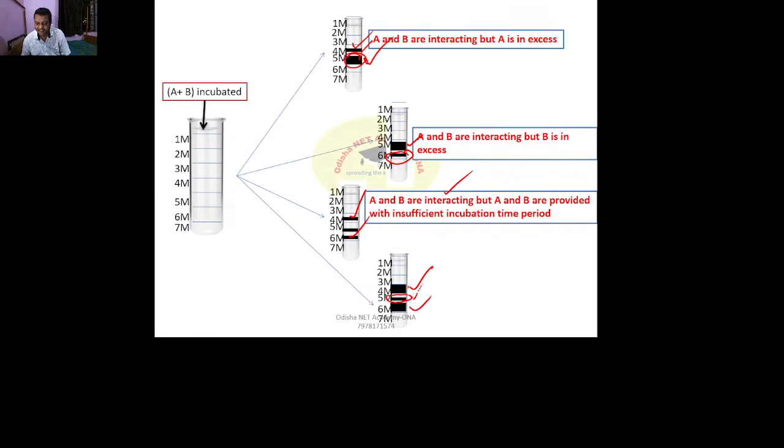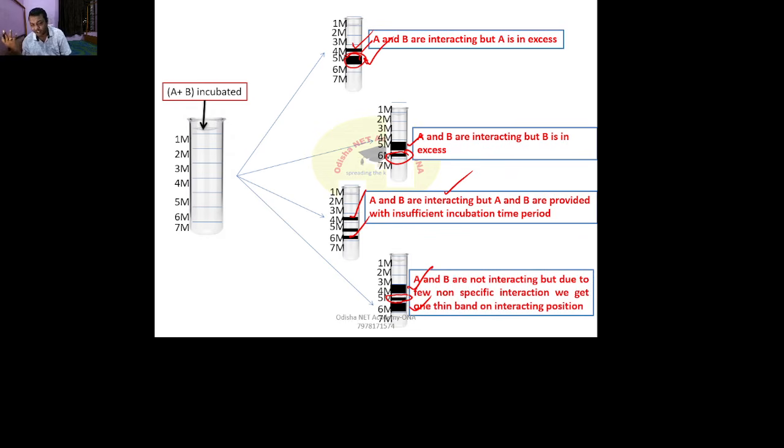That is due to non-specific interaction. The reason is that lots of unknown regions are there. Even if two proteins are not interacting, due to a few groups present in the solvent, a few proteins interact. Similarly, the container itself contains some groups through which A and B interact, but the amount of interaction is very little. So these are called non-specific interactions.